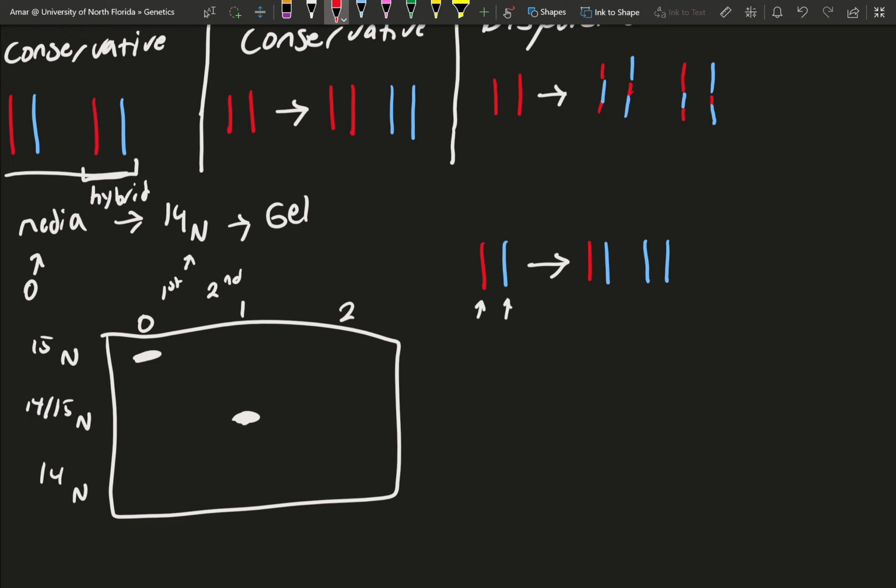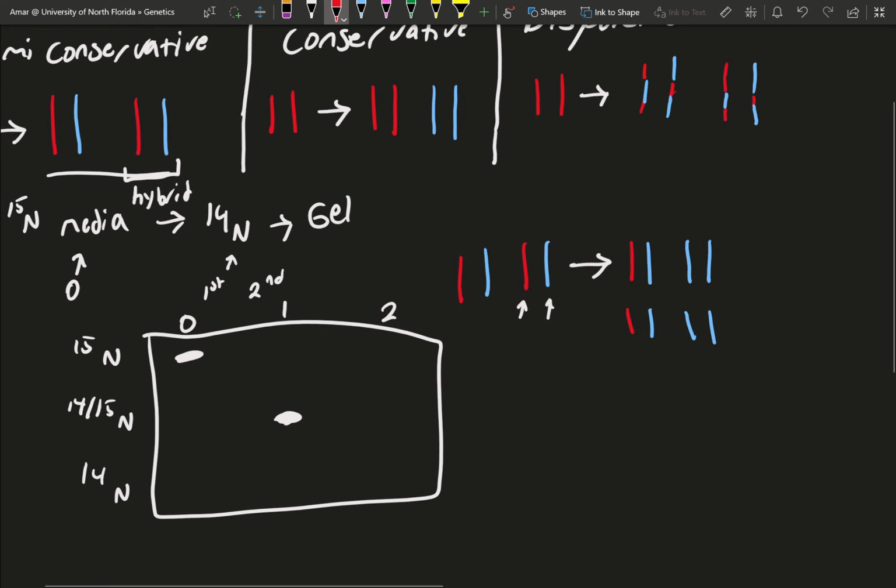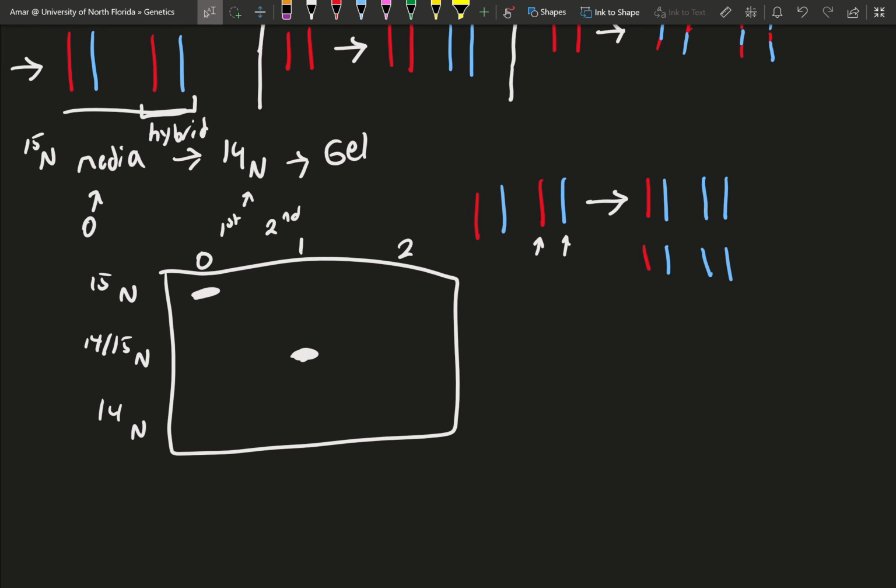Because we originally had two of the original strands, you would just multiply this by two. So after the 2nd generation, you have ones that are hybrid and ones that are considered N14.